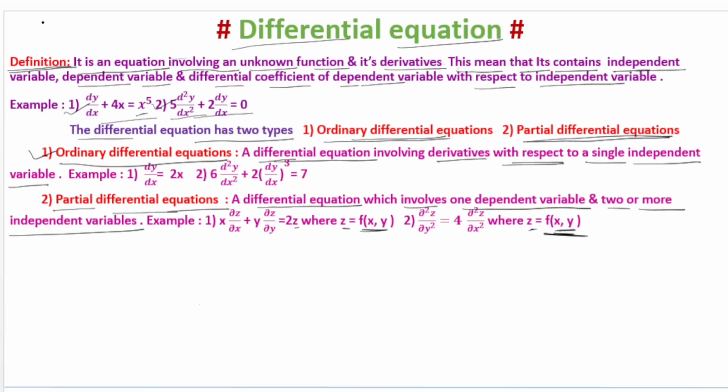A partial differential equation contains two or more independent variables. In the next lecture we discuss the degree and order of differential equations.